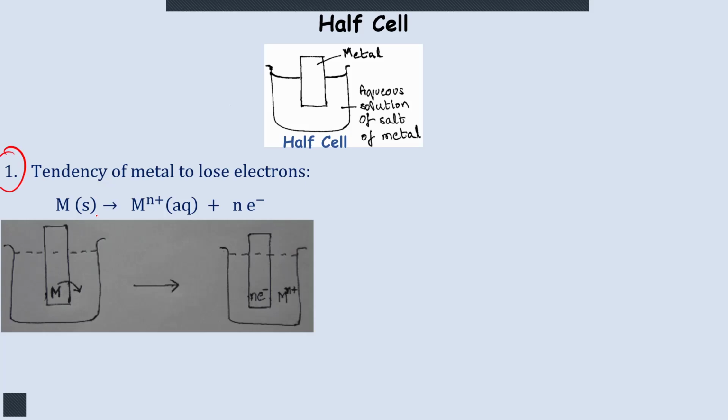In one process, very few metal atoms on the metal rod lose electrons.